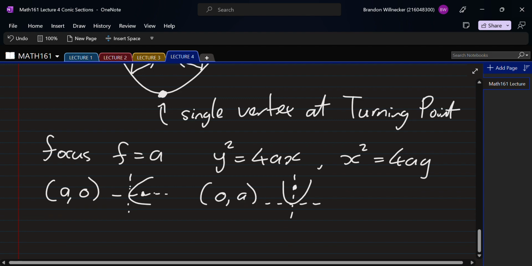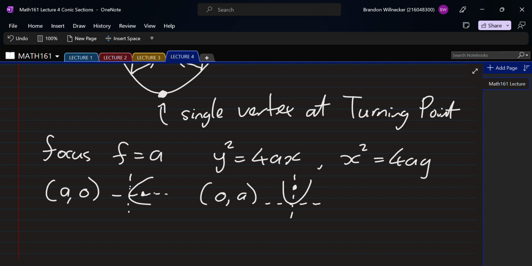Okay, so that is where the focus is. And again, the vertex is just the turning point. Remember, when you're finding the focus of a parabola, it needs to be in this standard form here. So remember there's that extra factor of 4 that we need to take into account.